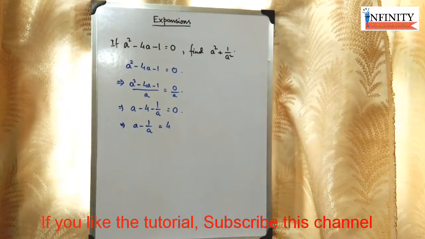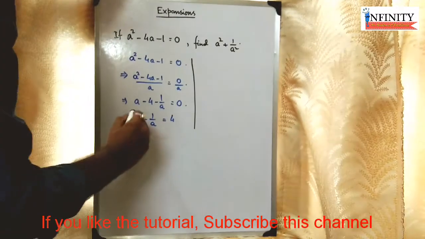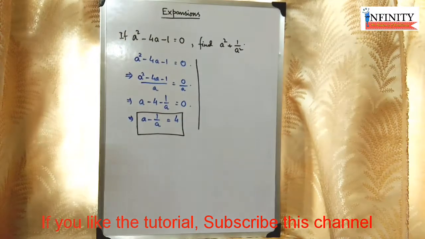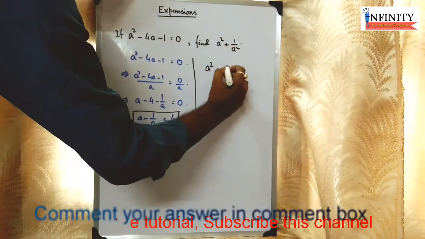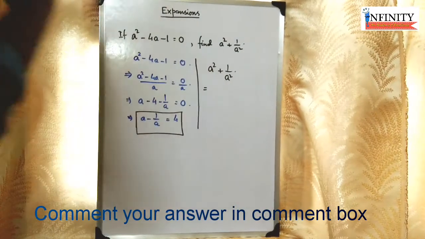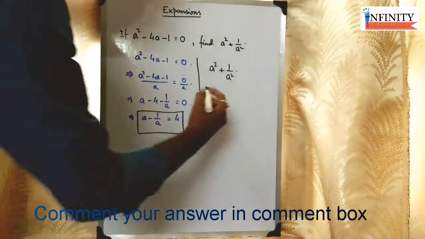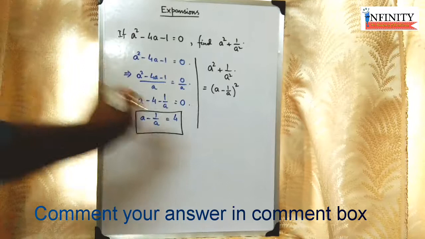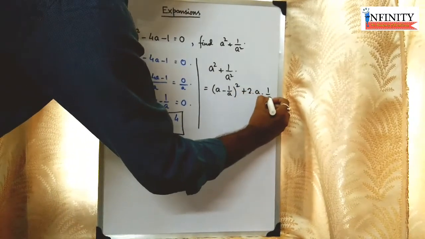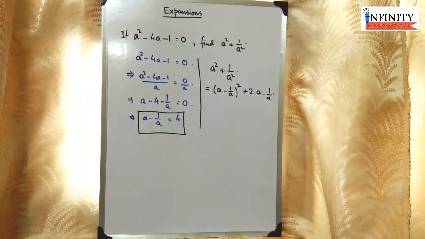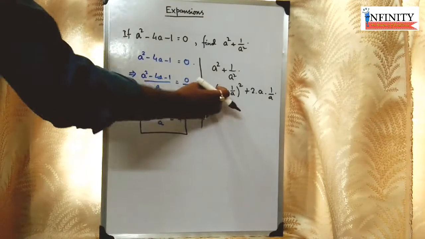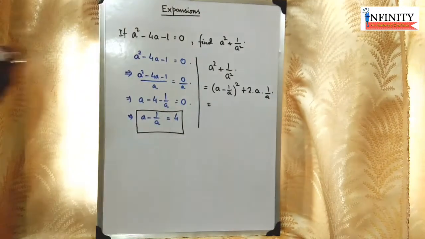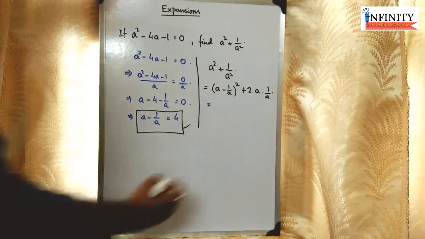Then it is simple. You have the value of a minus 1 by a. Then you have to find a square plus 1 by a square. You all know what will be the answer, right? It is a minus 1 by a whole square plus 2 into a into 1 by a. That is, here we use the form of a square plus b square as a minus b whole square plus 2ab. Correct?